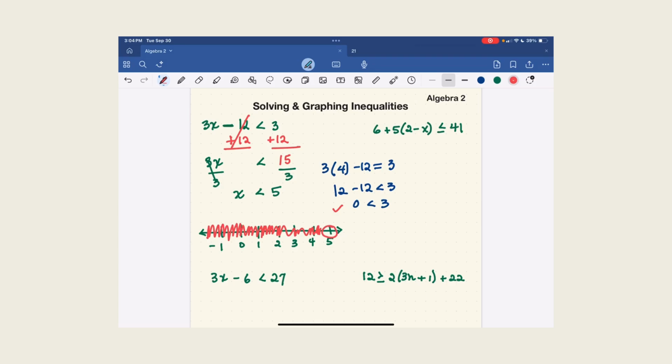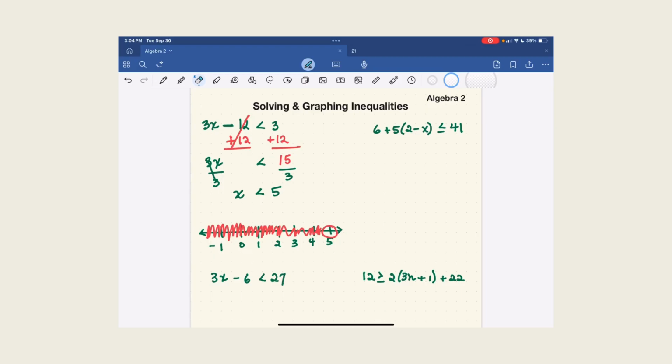So I know that my answers are correct because the inequality statement is true with both of those checks.